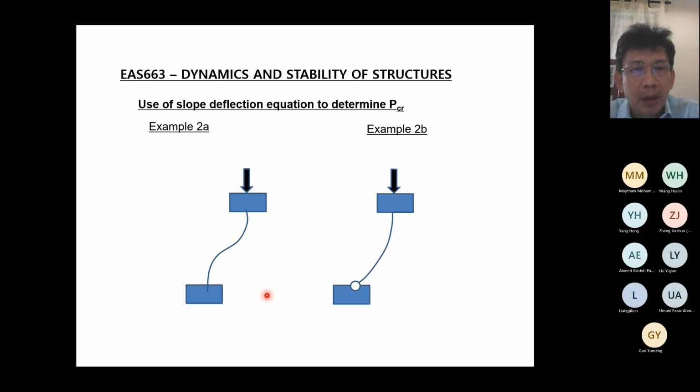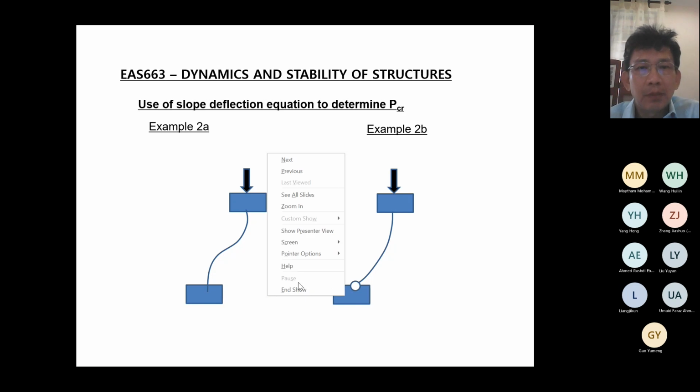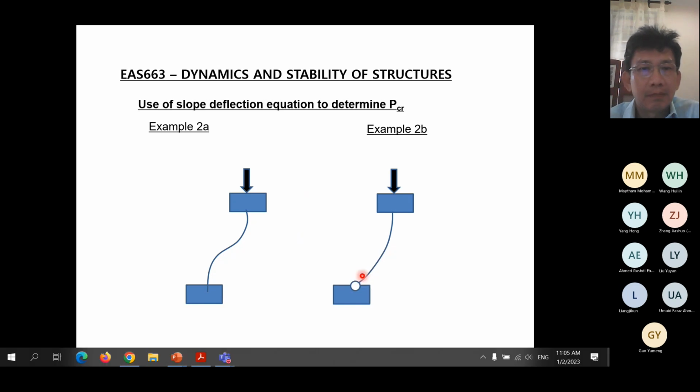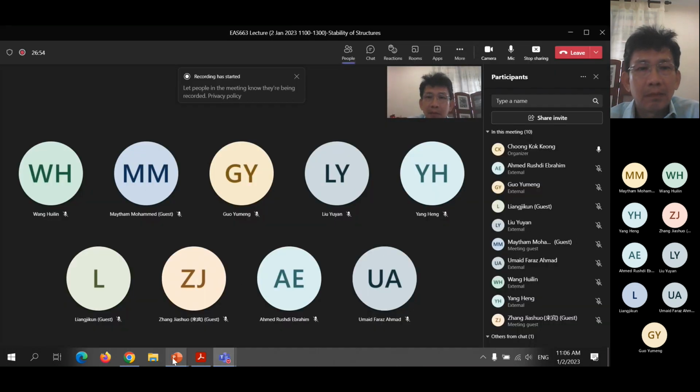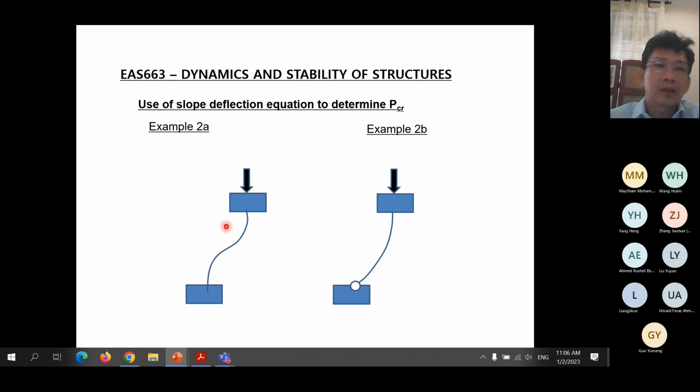And for this particular problem, we would like to apply the slope deflection equation method to solve for the P critical. For these two examples, we can easily get the P critical by knowing the effective length and using the Euler equations.